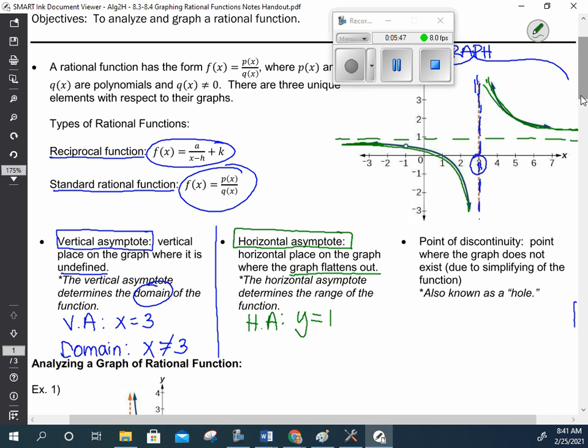The horizontal asymptote determines the range. So that means your range is y cannot equal 1. It can equal anything else, but it just can't equal 1. Any questions with horizontal asymptote?